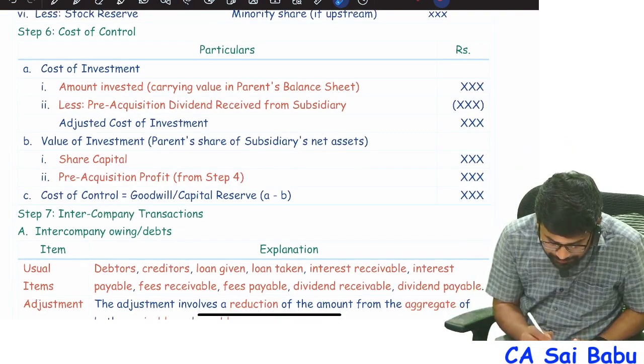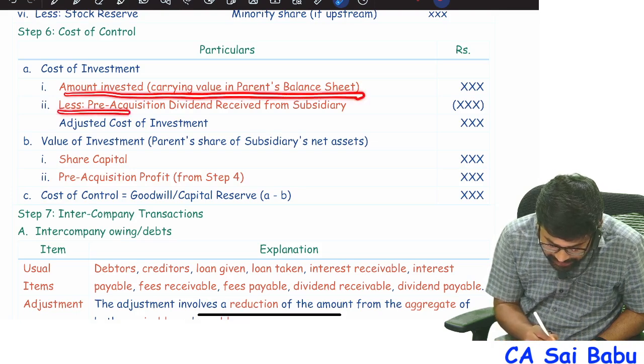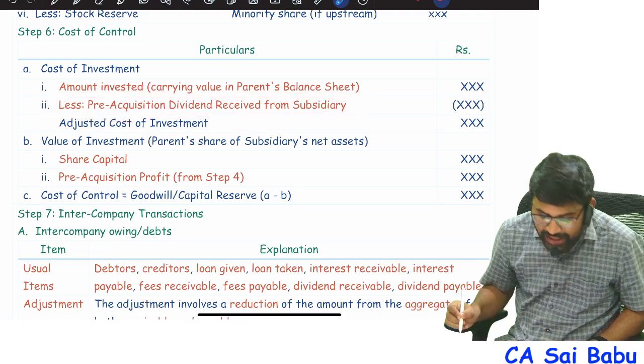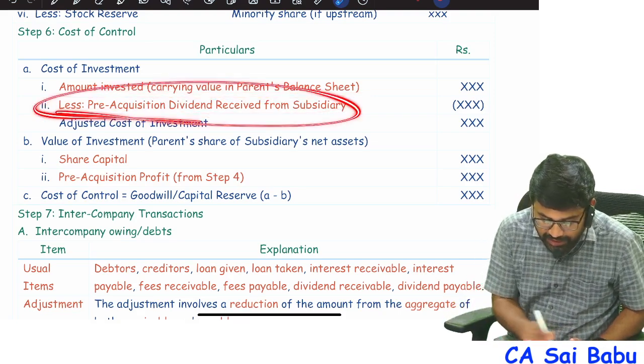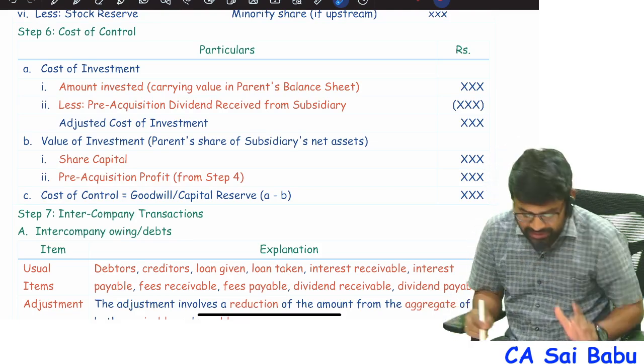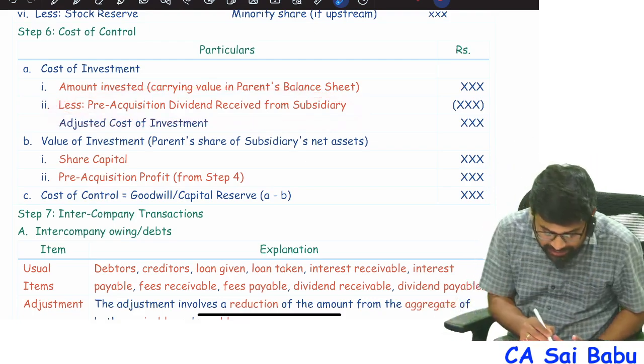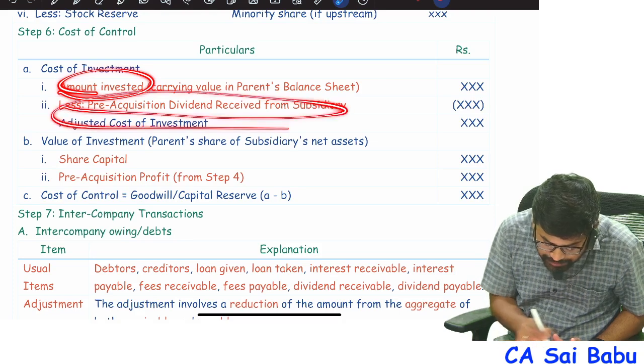In this step, from the amount invested, I reduced what? Pre-acquisition dividend received from subsidiary company. I told you, any dividend given by the subsidiary from pre-acquisition profits, then parent company adjusted to the cost of investment. That's why amount invested minus pre-acquisition dividend received.